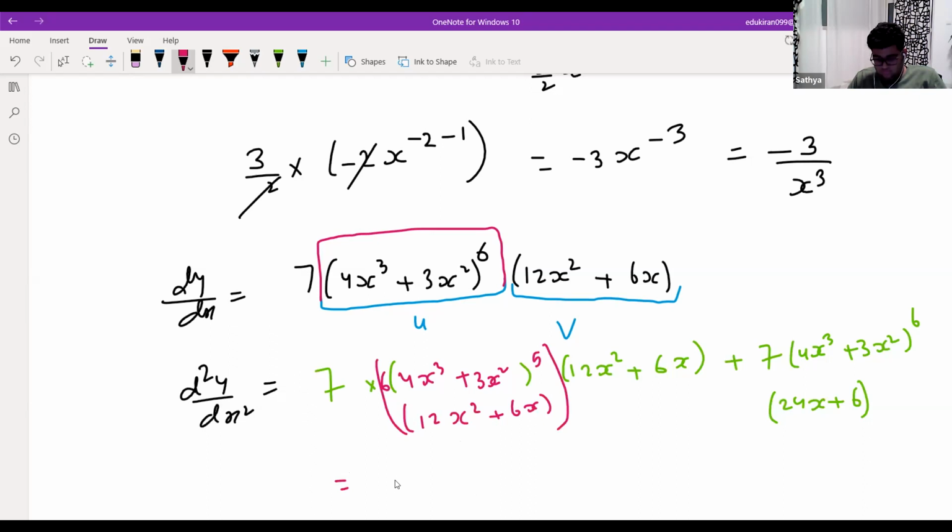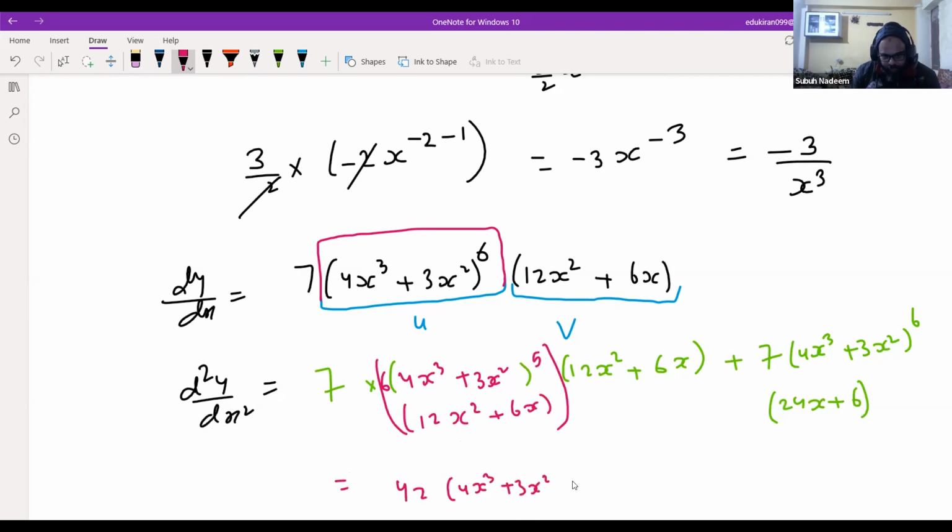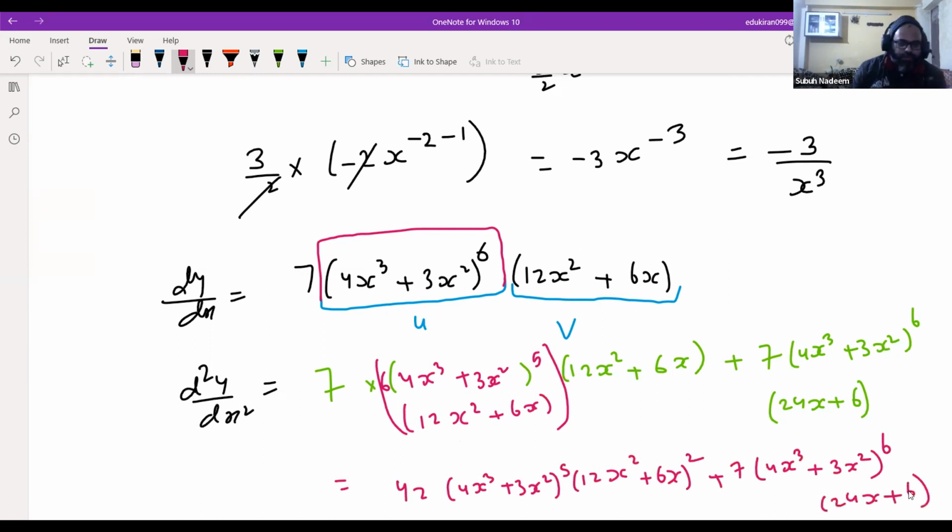This will be 7 into 6 into 4x cubed plus 3x squared to the power 5 into 12x squared plus 6x whole squared, plus 7 into 4x cubed plus 3x squared to the power 6 into 24x plus 6. This is what we are getting now.